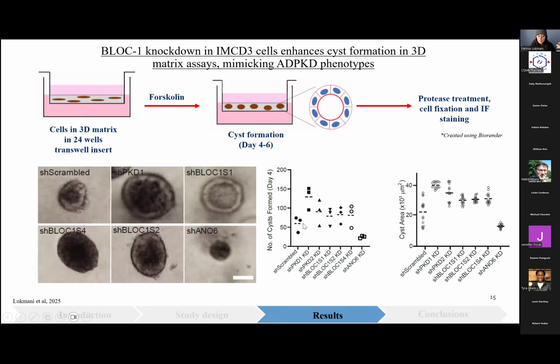So we found that the number of cysts as well as the enlargement in the cyst area, which is nothing but the aggressive uptake of the renal epithelial fluid into the cyst cells, result in higher enlargement of the cyst. So both size as well as area were greatly increased in the BLOC knockdown samples, which were near similar, still not as similar to the PKD1, but almost definitely much higher than what you would see in the negative control.